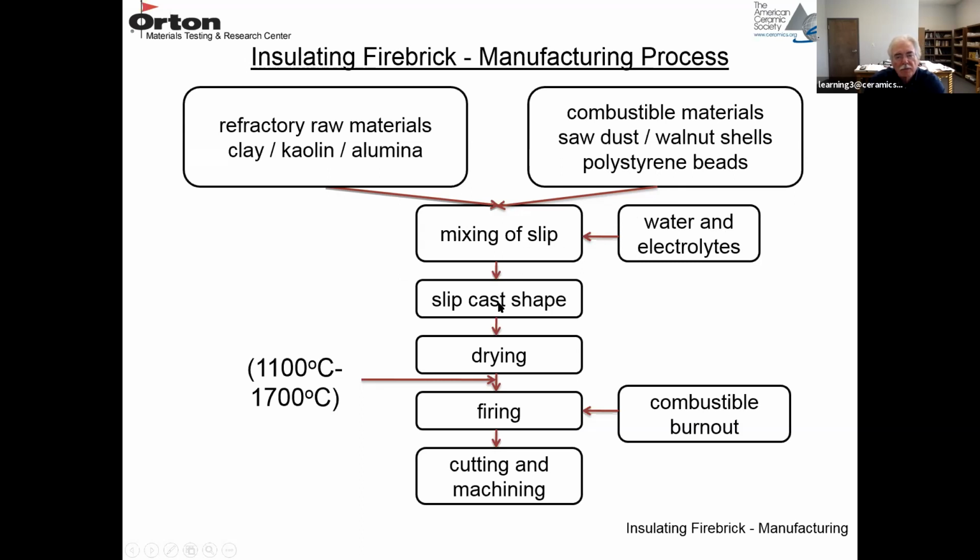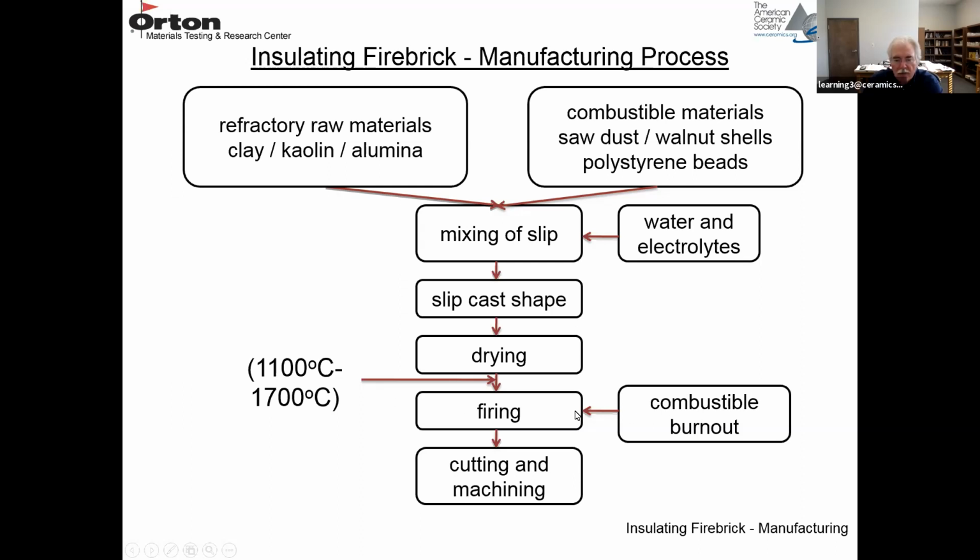It's slip cast in some type of porous plaster of Paris mold, which removes the water. It's dried and then fired over this temperature range, depending on its chemistry. If it's high alumina, it would be fired at 1700 C. If it's a lower grade IFB, it would be fired at 1000, 1100 degrees C.